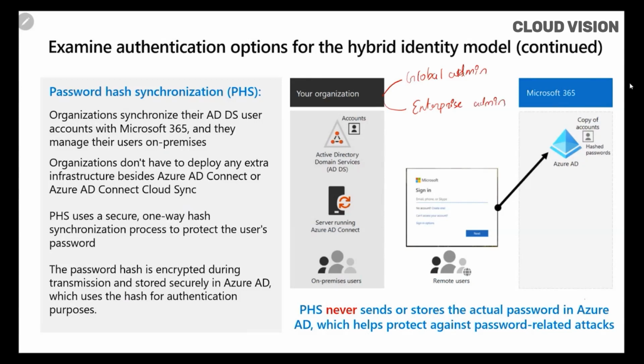This will help you create a connection between your on-premise Active Directory and your Azure Active Directory. Once this connection is established, now you can start to move identities to the cloud.